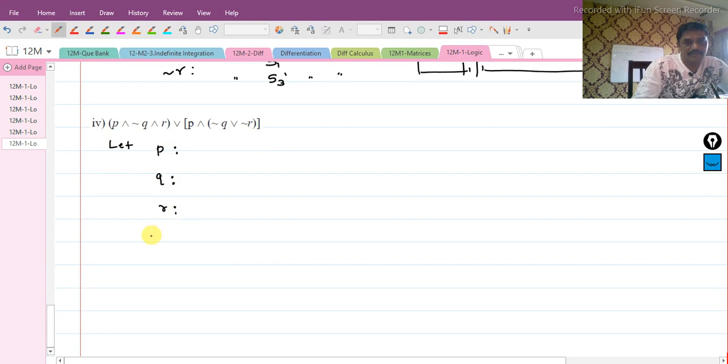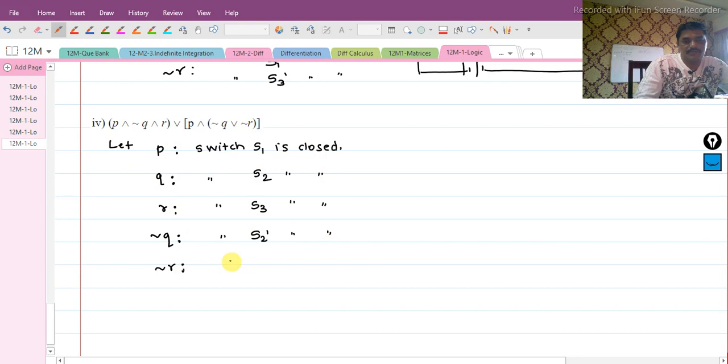This is switch S1 is closed. Switch S2 is closed. Switch S3 is closed. Switch S2 dash is closed. And switch S3 dash, negation है ना, it's closed.